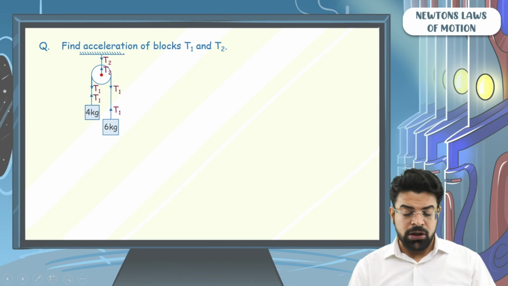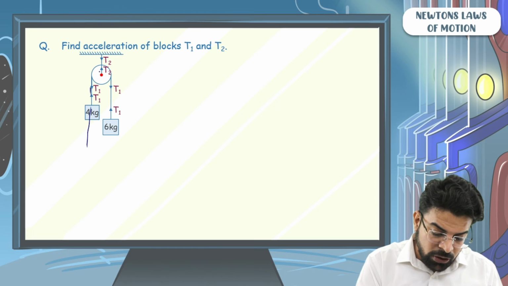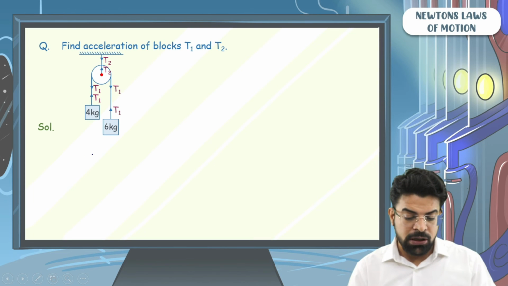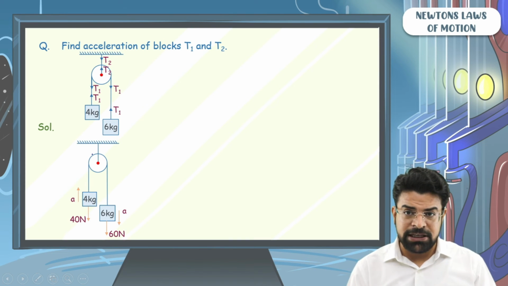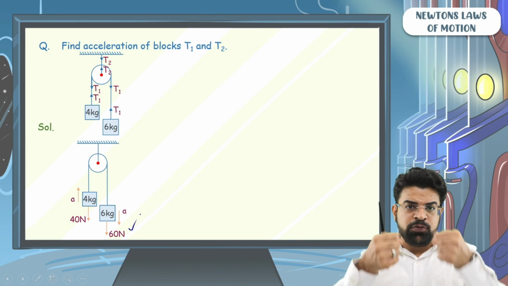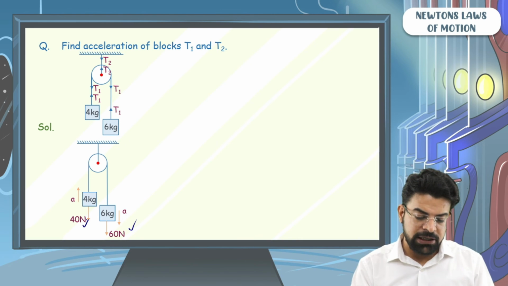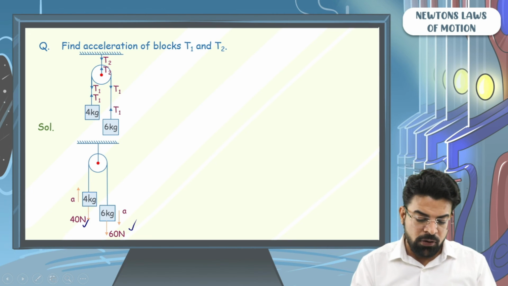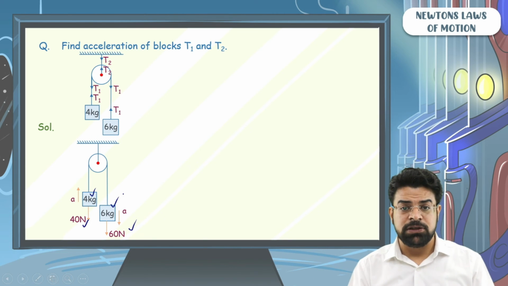First of all, using the equation along the string, let's say I choose this direction as positive gamma and this direction as negative gamma. We can write the acceleration to be the force towards positive gamma, 60, minus the force towards negative gamma, 40. So the net force towards positive gamma is 60 minus 40, and the overall mass of the system is 6 plus 4, that is 10.